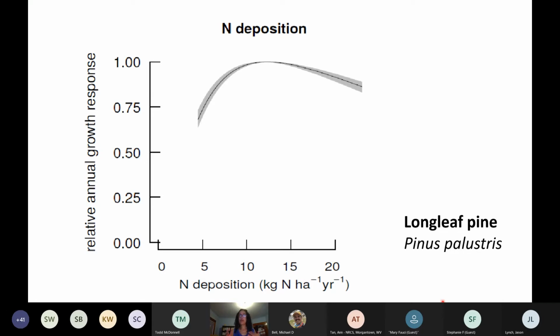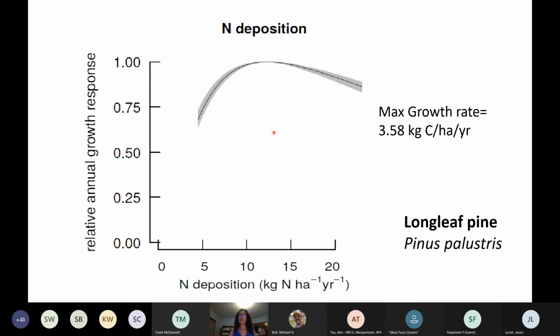Because the growth rates varied a lot, we normalized them by the maximum growth rate so that the top of the growth response would be 1, but in this case, the actual maximum growth rate is about 3.6 kilograms of carbon per hectare per year. Okay.